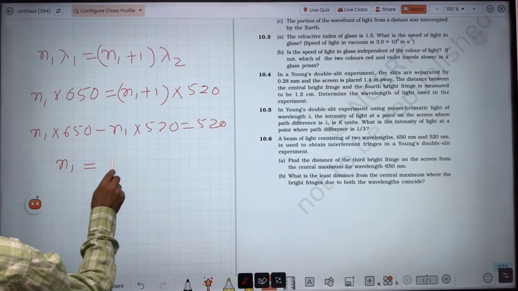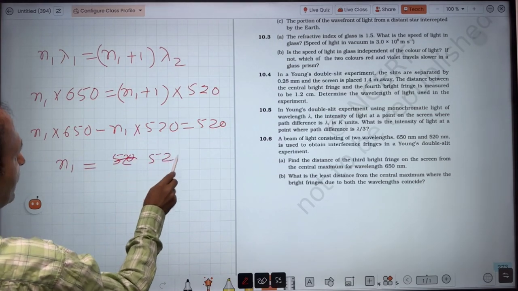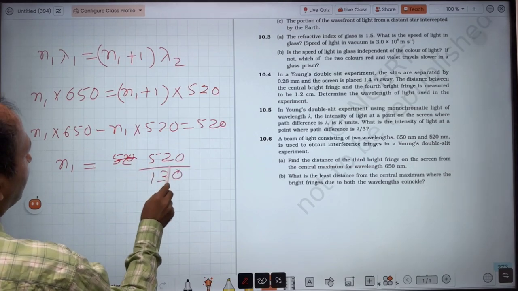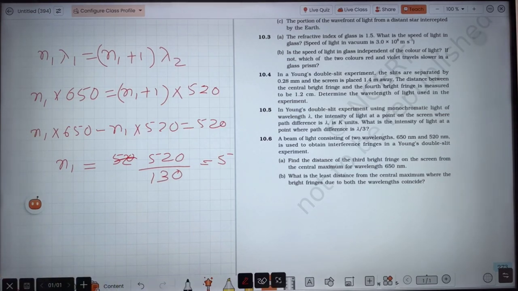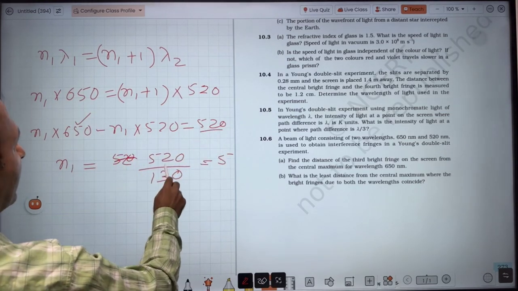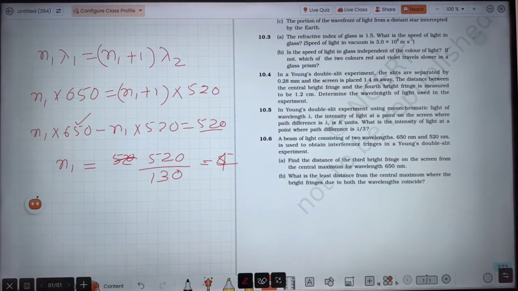So n1 equals 520 divided by 130. So this will give 5. No, sorry, this will give 4, because this is 520 divided by 130. So we have got n1 equal to 4.